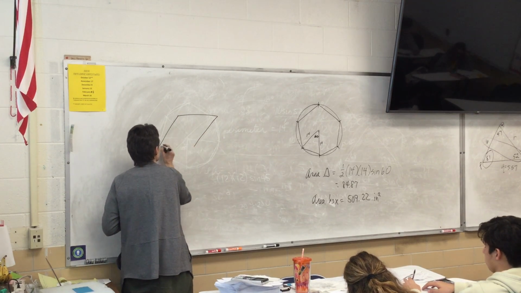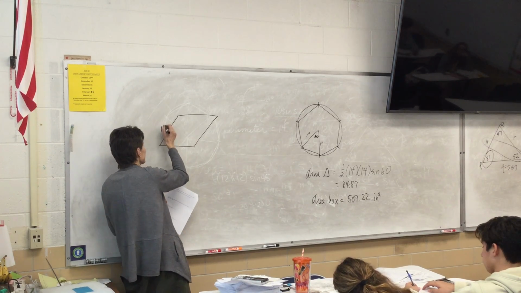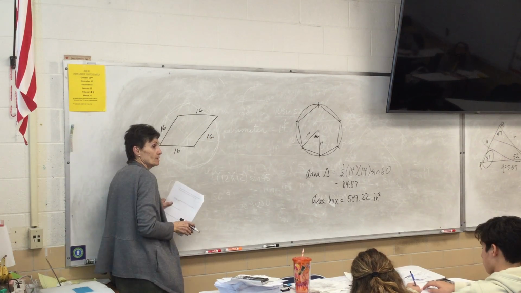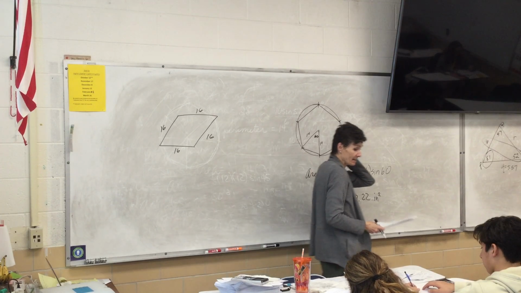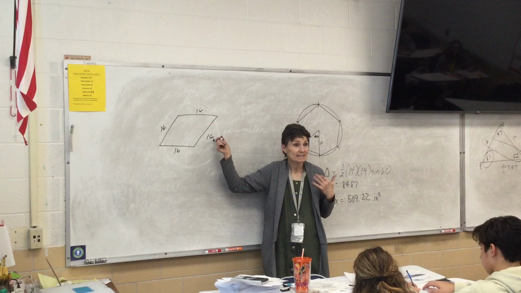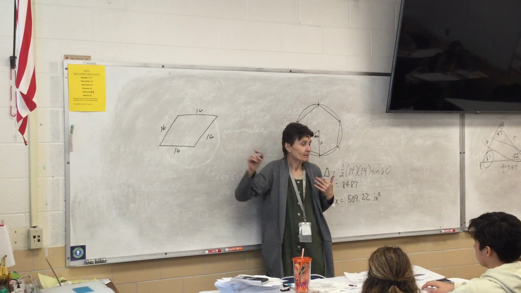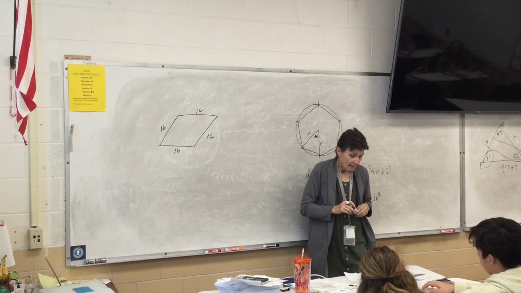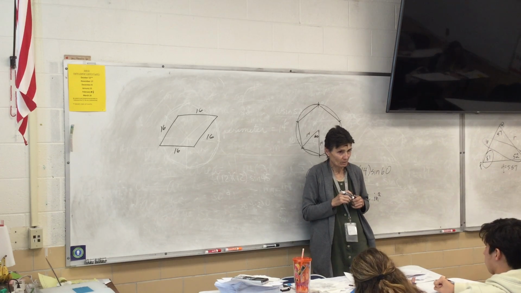A rhombus is a parallelogram with all sides the same. So in a parallelogram, the opposite sides are the same, but this could be 16 and this could be 18. Right, in our parallelogram. But in a rhombus, they're all the same. And we want to find the shorter diagonal.